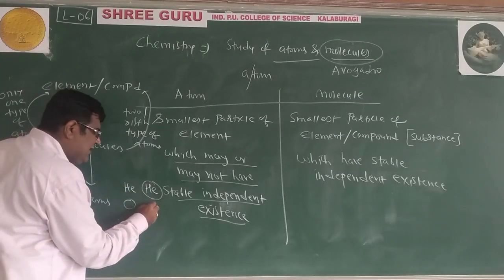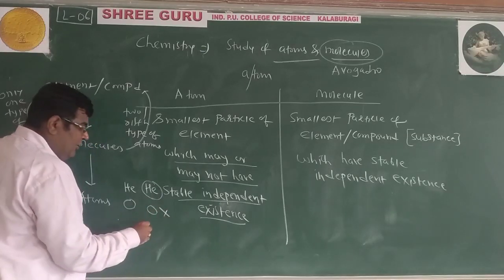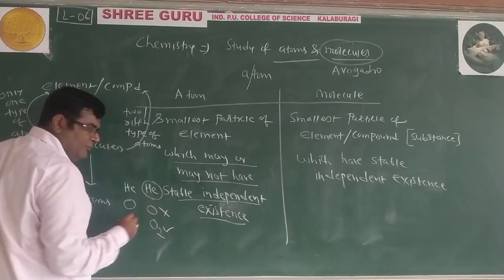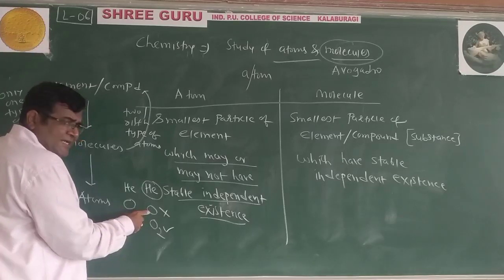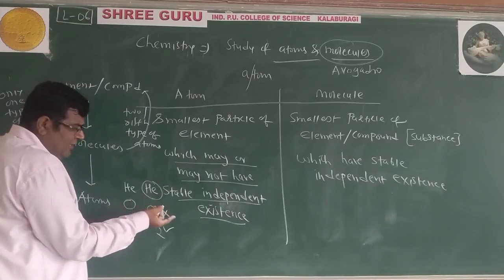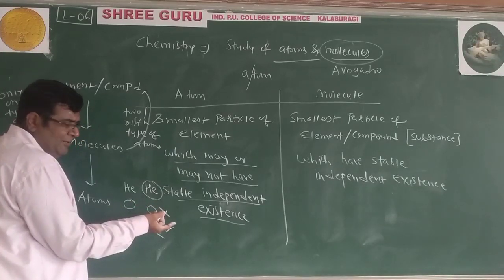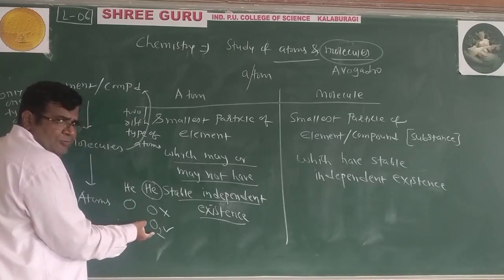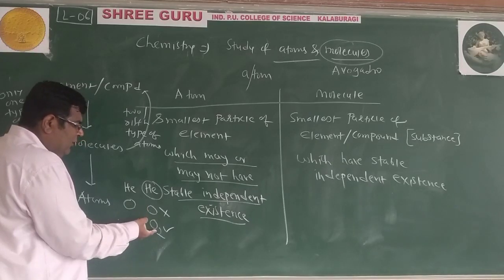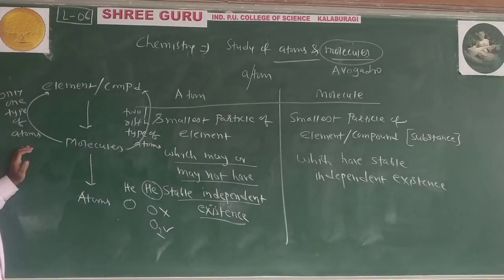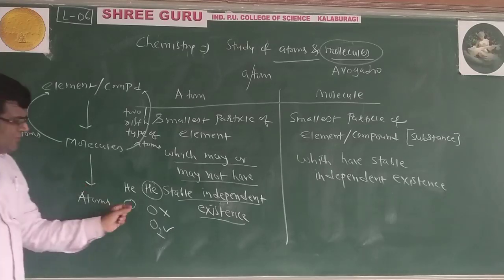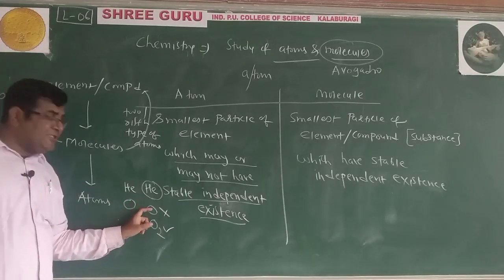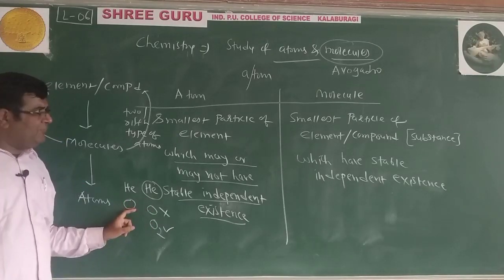It never exists as O. It exists as O2. So O is an atom, but it does not have stable or independent existence. So O2 is a molecule, a molecule of the element oxygen. And just O is a single atom of the element.